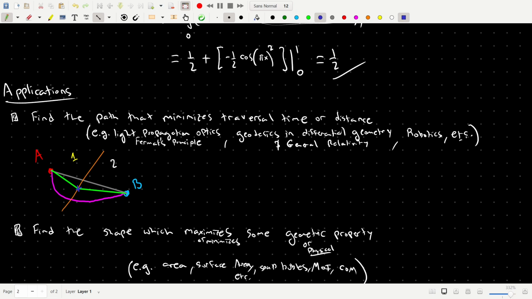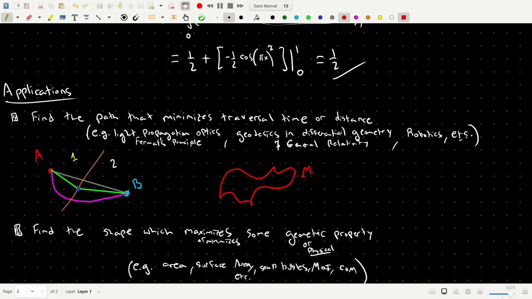Another really good example is the idea of a geodesic on a manifold. So if you take a general manifold, some surface, say, I'll just draw kind of like a 2D surface here. Let's say this is some surface, and we'll just call it M for short.